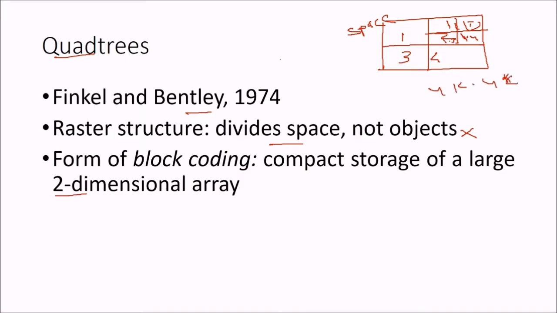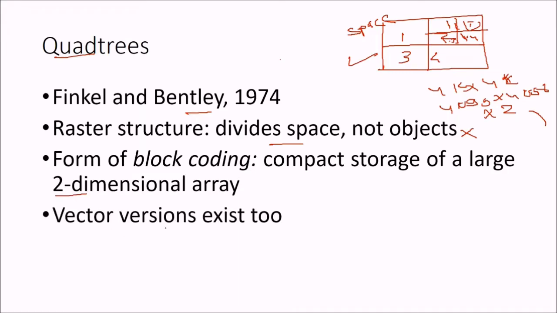So what memory is it going to take? 4K means 4,096 into 4,096, then into say 2 bytes. So this much memory is always given to that image, and maybe more for other aspects. So this is a compact storage for a large two-dimensional array. This is a form of block coding, and a vector version exists too for quadtrees.